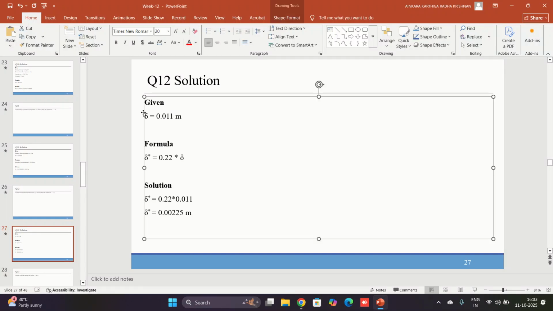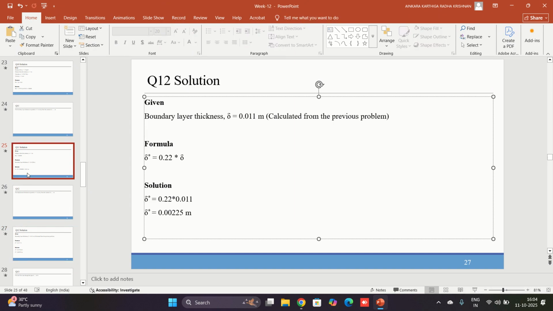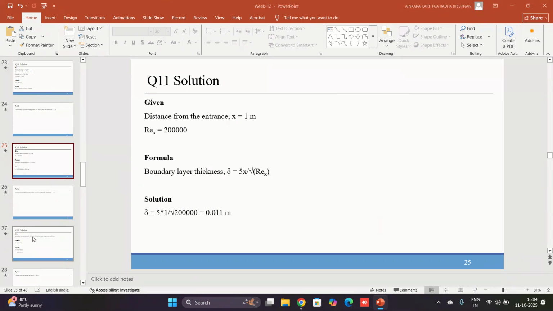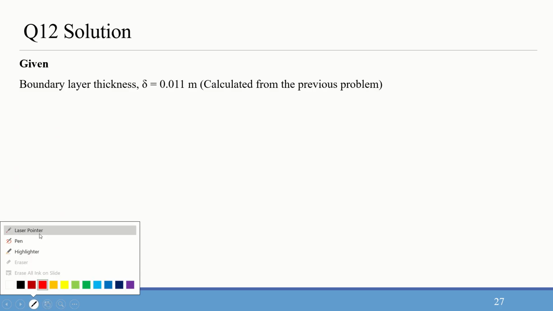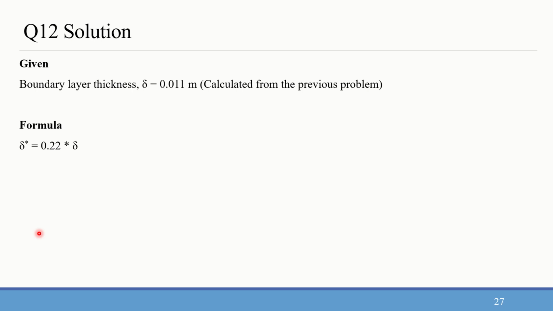Yeah, I'll better write thickness. So boundary layer thickness is 0.011 meter calculated from the previous problem, and the formula is delta star.